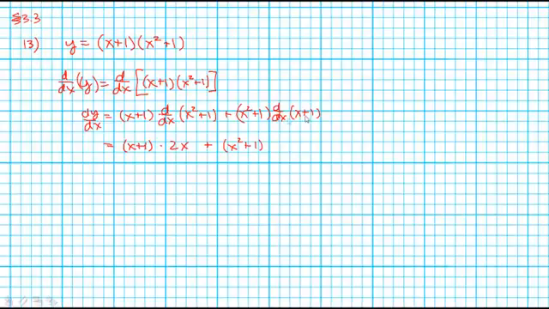Over here I could write this out explicitly in each step, but I think we can pretty much say that the derivative of this is equal to 1. And now if I distribute the 2x through both terms, I get 2x² + 2x + x² + 1. And then collecting the common terms, I get 3x² + 2x + 1.